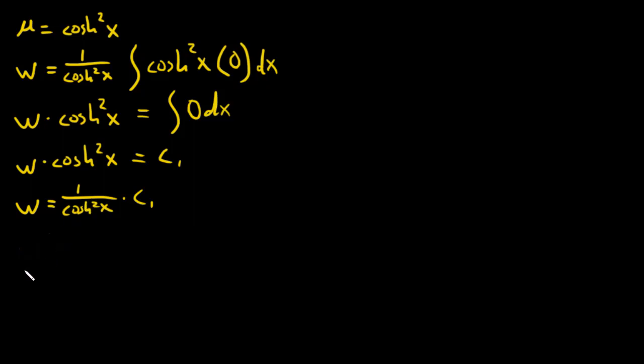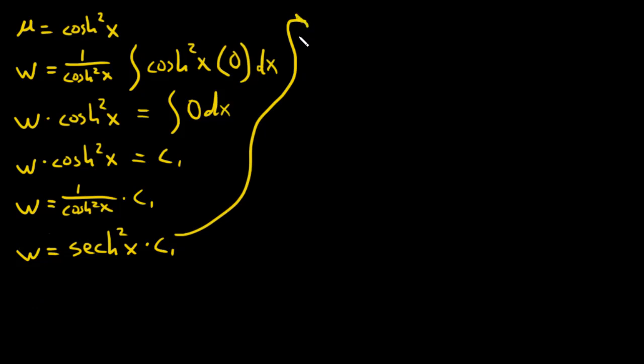Let me do a rewrite on this, because 1 over hyperbolic cosine squared is hyperbolic secant squared x times c1. Because 1 over cosine is secant. So u prime is going to equal hyperbolic secant squared x times c1.